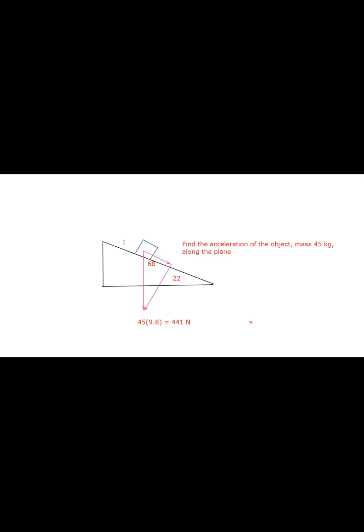So the component that causes the motion is Wx. So if we draw our vector triangle, right, that's 68. This is 441. Wx equals 441 cosine of 68. 165.20 newtons.